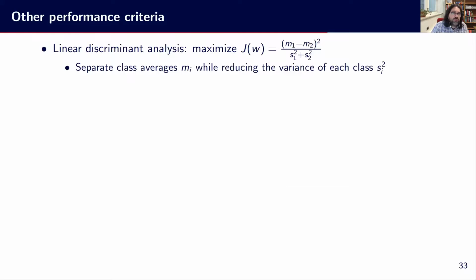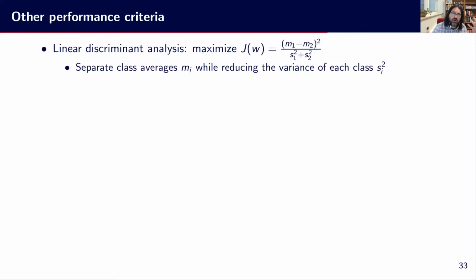But there are some other performance criteria we can use. All this can still be based on gradient descent to be optimized. So for example, we have what we call linear discriminant analysis. These are parametric models, but not based on optimizing the parameters of functions directly with maximum likelihood. This is based on a specific criterion, like here to separate the class averages. So we have 2 classes.